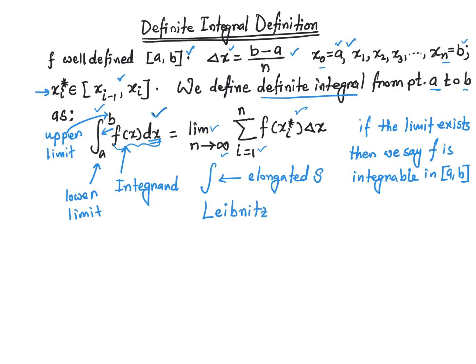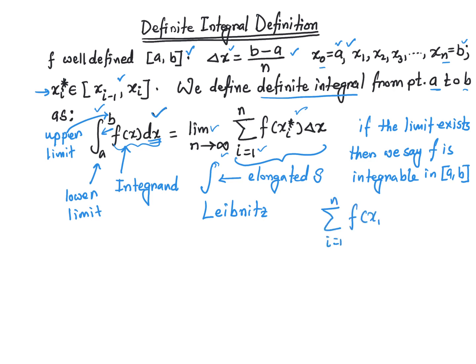Actually, I shouldn't say invented; it's not an invention, just a symbol he used, and we happen to use it even to this date. So that's just an elongated s that denotes integral, or integration.